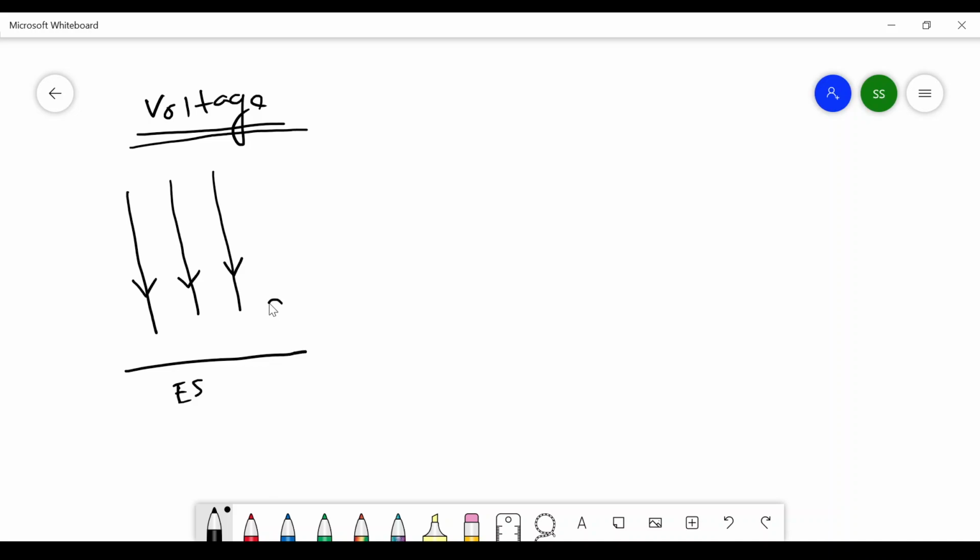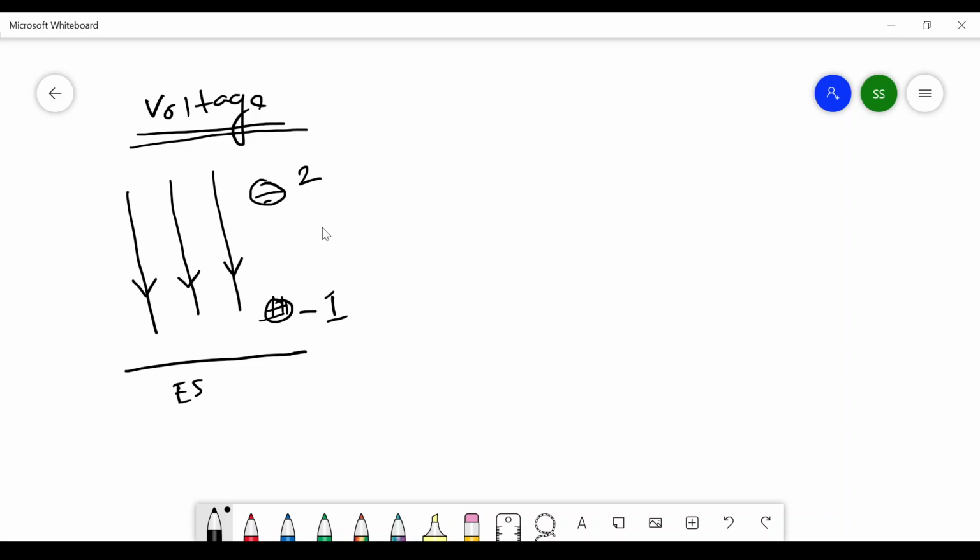Now a particular body is situated here in position 1, and you pull it to position 2.